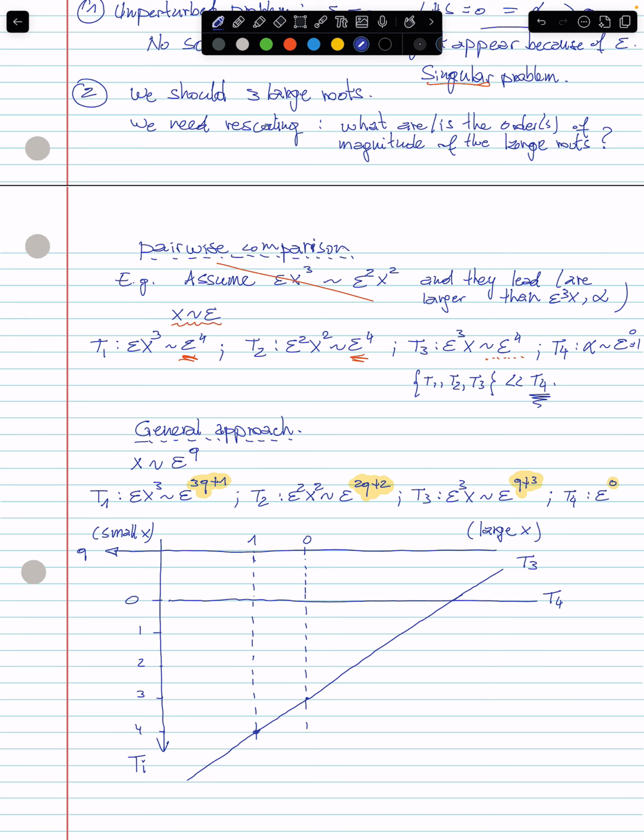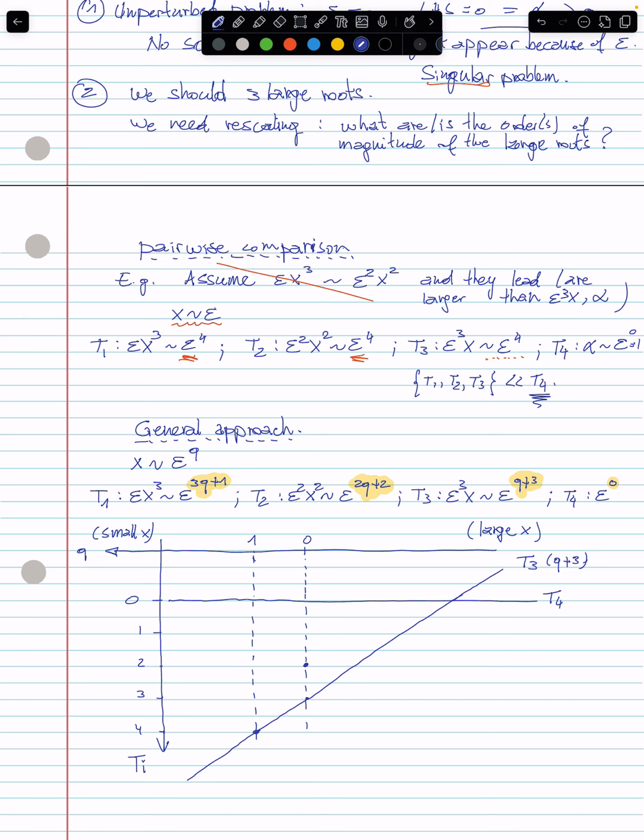Then let's do the same for the second term. Third term, q plus 3. Second term, 2q plus 2. When q is equal to 0, the order of magnitude of that term is epsilon square. And when q is equal to 1, we have a 4.